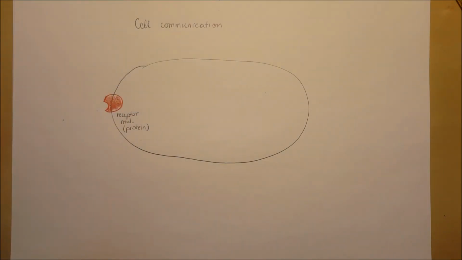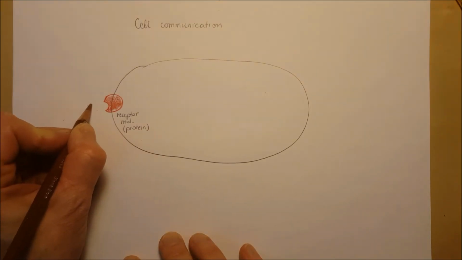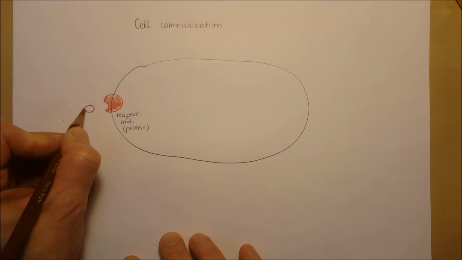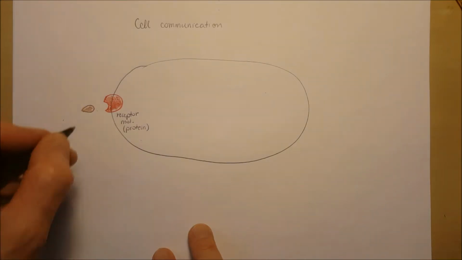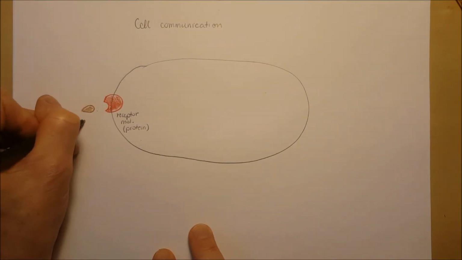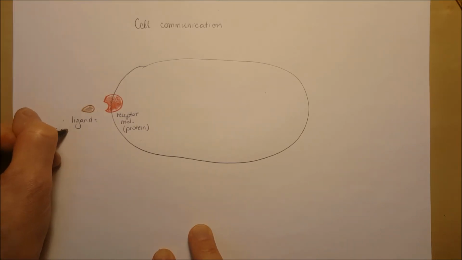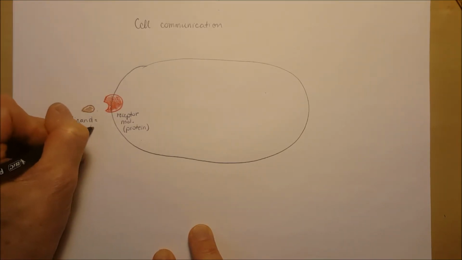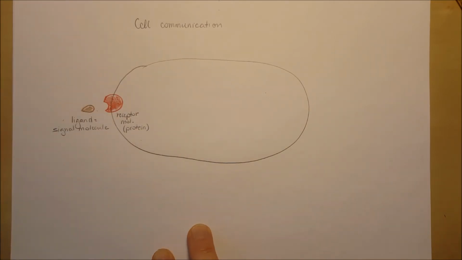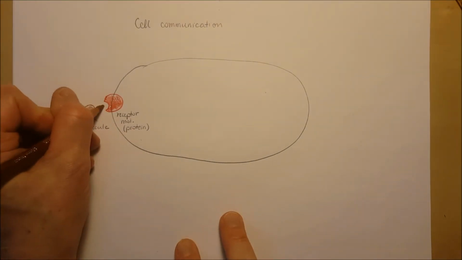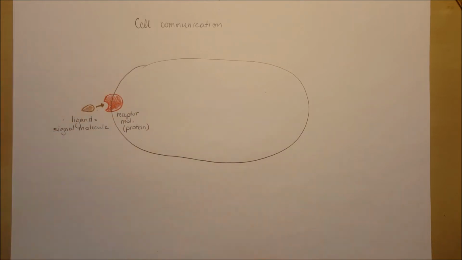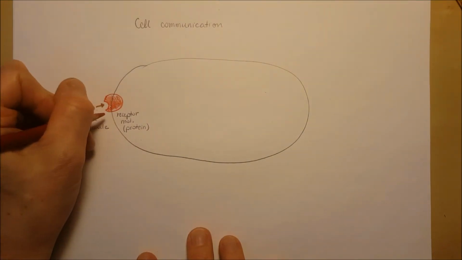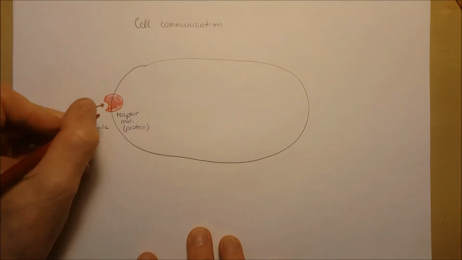The ligand is a signal molecule released by other cells or by the same cell, but it's very specific for that type of receptor molecule. It's going to bind, and this binding is going to change the configuration of the receptor molecule.